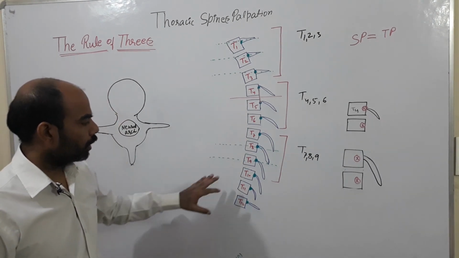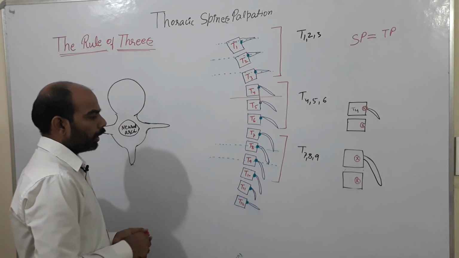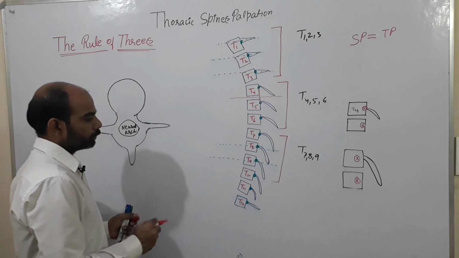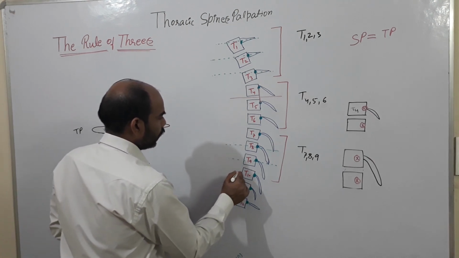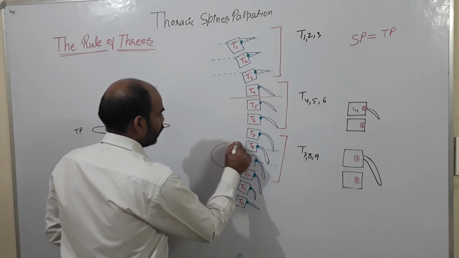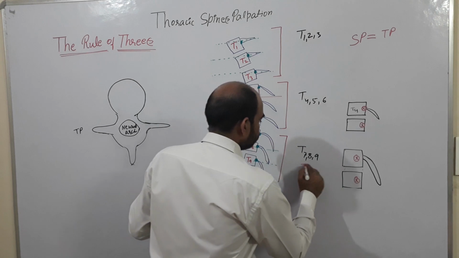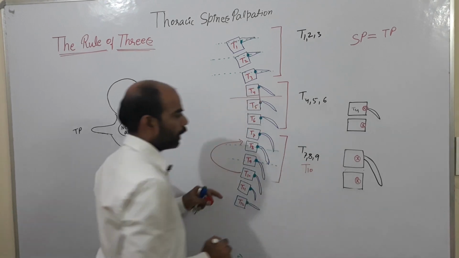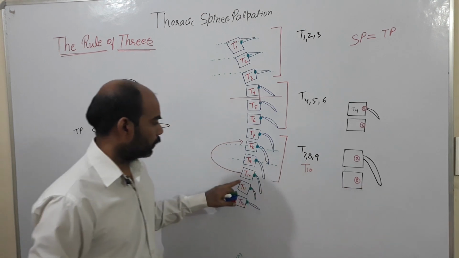And for the last 3 vertebrae, the T10 vertebra behaves like the 7, 8, 9 vertebrae, means the spinous process of the T10 vertebra is on the level of the transverse process of the T11 vertebra.